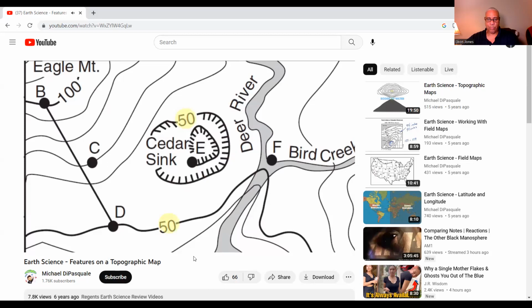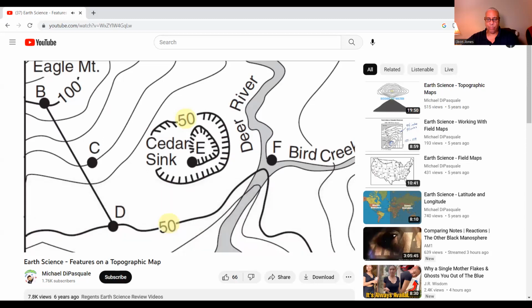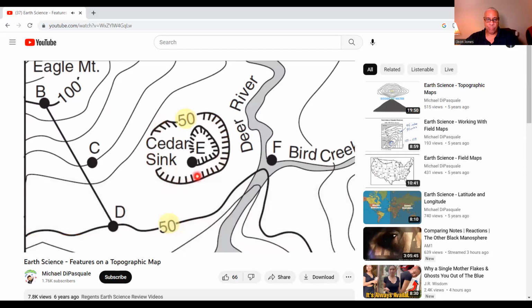So in this case, the value is 50 feet because the last line that was crossed was this 50 meter line here. So that was the last ISO line crossed, so this would be 50. So it repeats itself. And then the next line inside would be the contour interval, but going down.